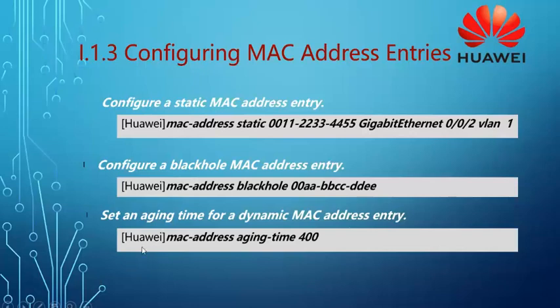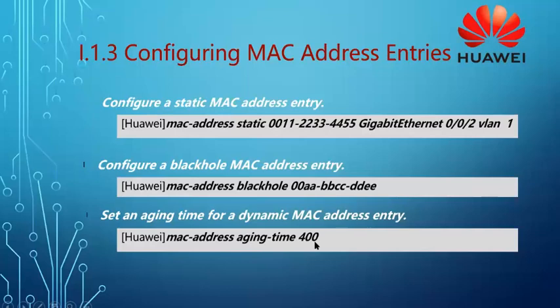So another command, for example, how to modify some parameters of my MAC address table, to set an aging time. We can modify the aging time, which is 300 by default, with the command mac-address aging-time 400.